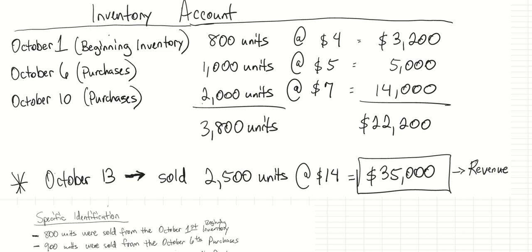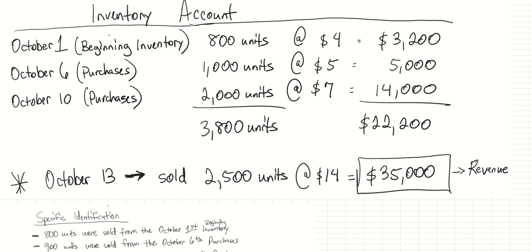You have to be told specifically where these units that were sold are coming from. If you're not provided that additional information, and you are told to determine what the cost of goods sold is under this method, then you can't proceed. You have to have additional information.